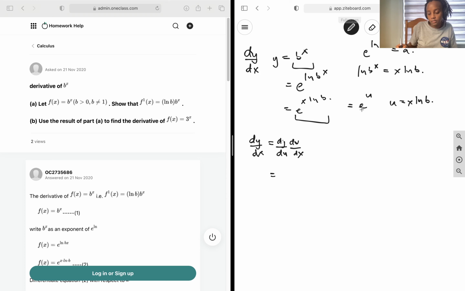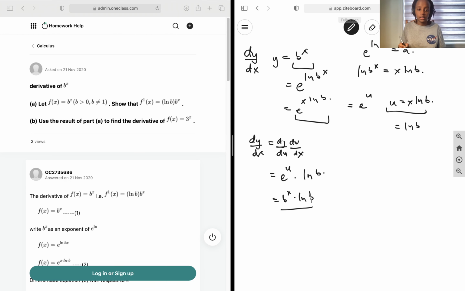So the derivative of e to the power of u with respect to u is of course just e to the power of u, times the derivative of u with respect to x, which is just going to be equal to ln b. So ln b. And so if you plug e to the u back in, you get e to the power of x ln b, which is b to the power of x. So we're just going to write it in that form. And this will be our final answer.